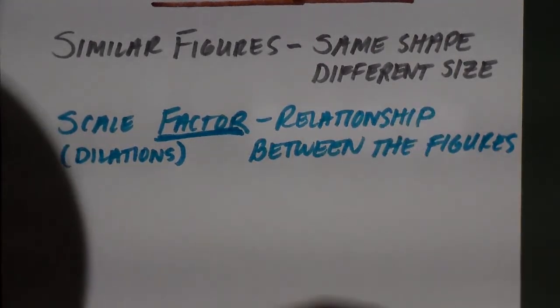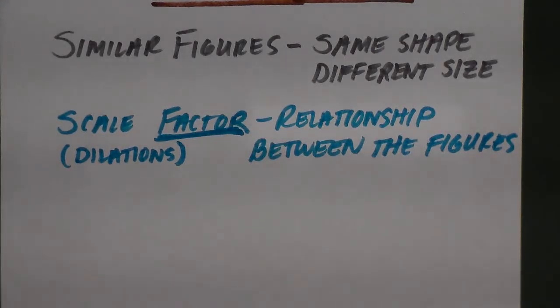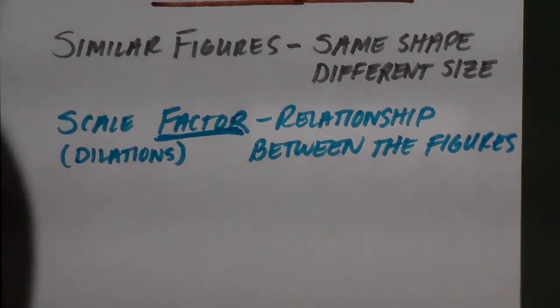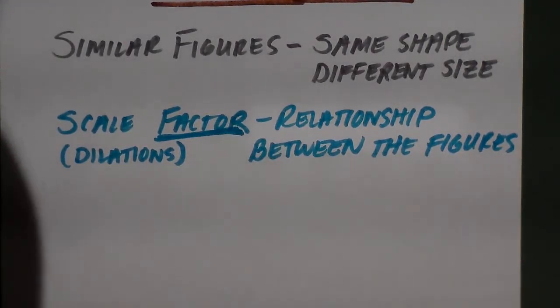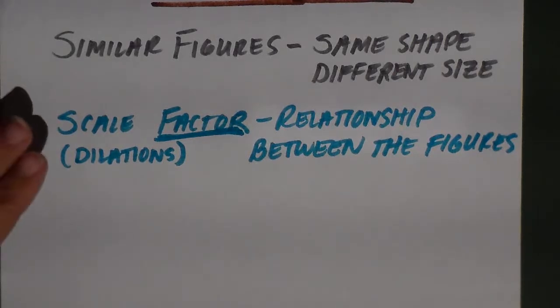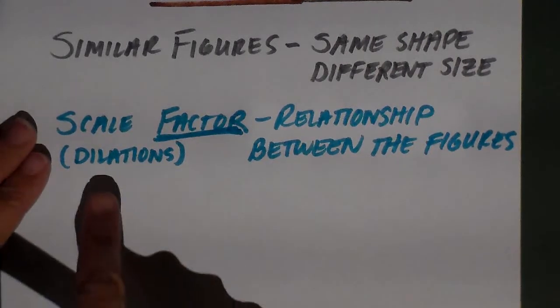Your pupils regulate the amount of light that comes into your eyes, and so all circles are the same shape. That's not something you have to worry about with circles, but what happens is when they dilate, your pupils stay circular, but they get bigger, and so they're letting in more light than normal, which is why you're sensitive. So a dilation is basically the same kind of thing.